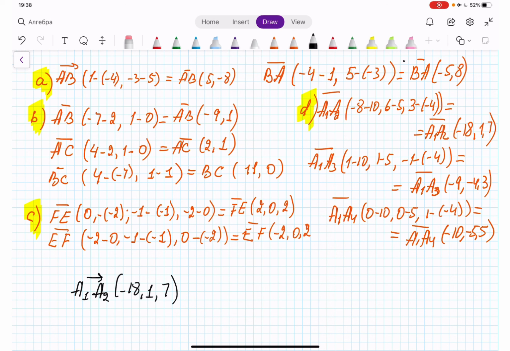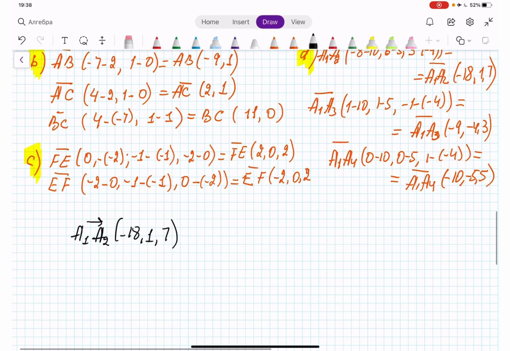To find the length, we take the absolute value of A1A2, which is the magnitude.